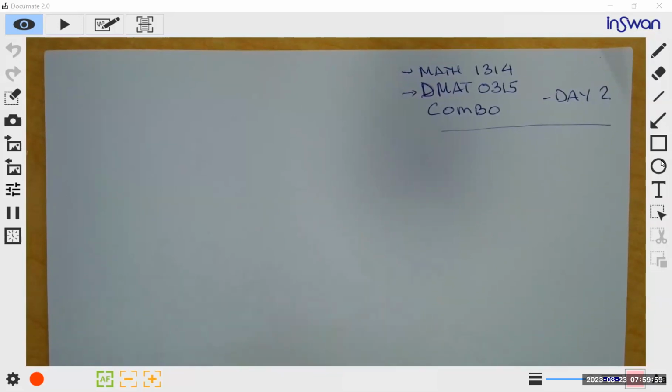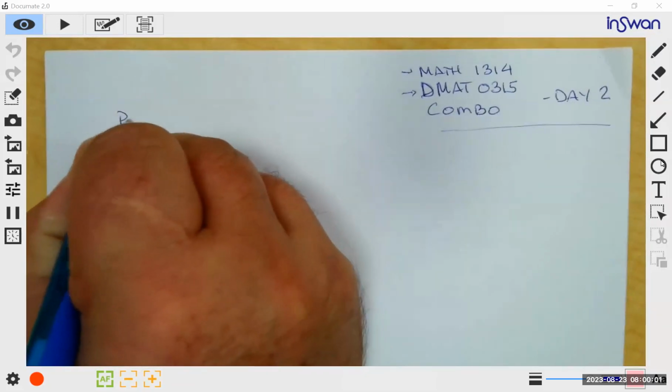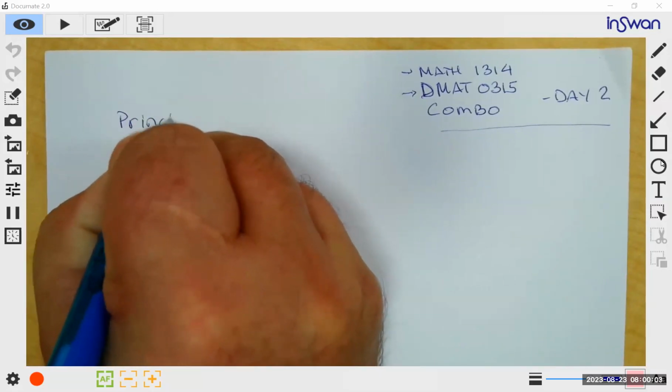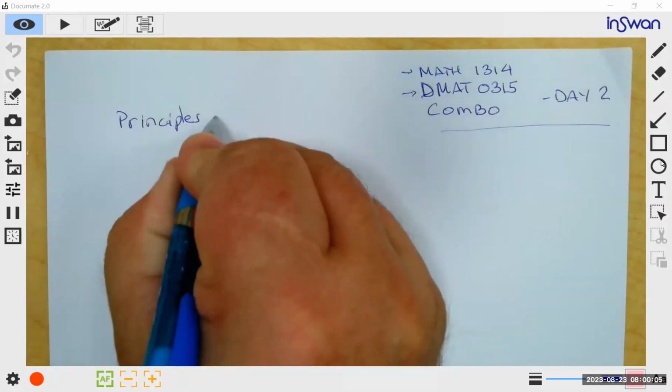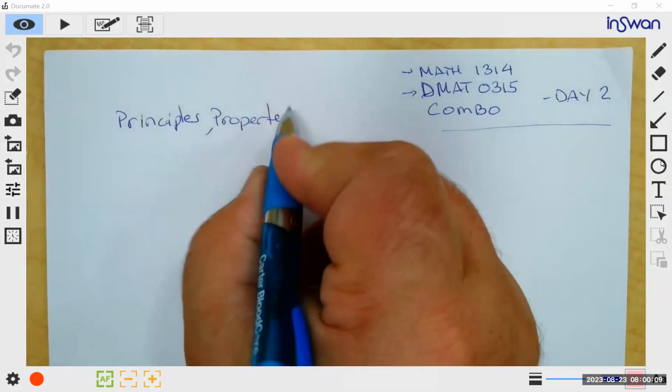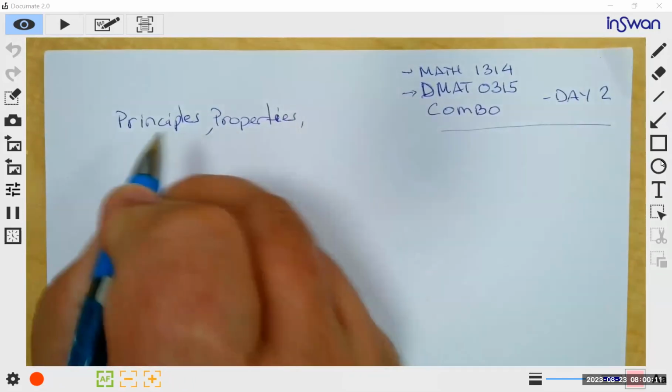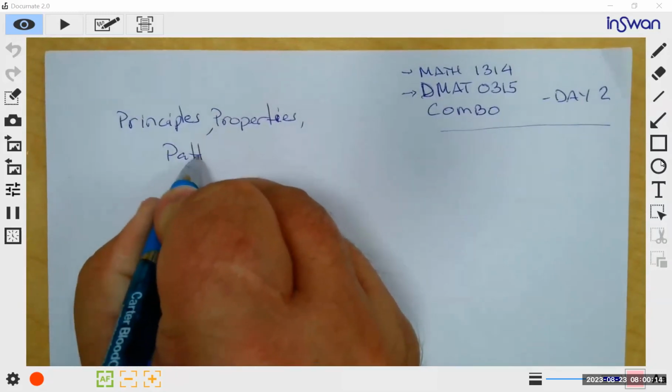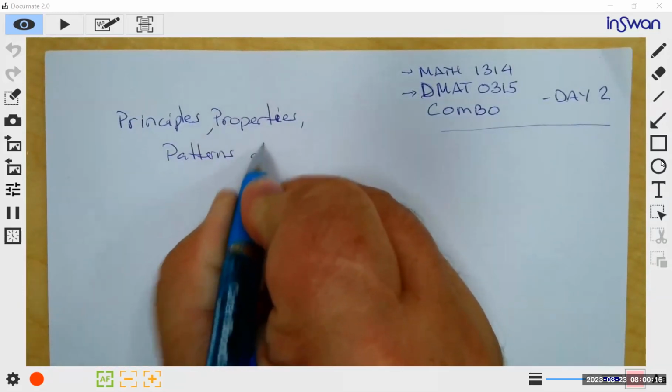Today we're going to talk about the principles, the properties, and the patterns of math.